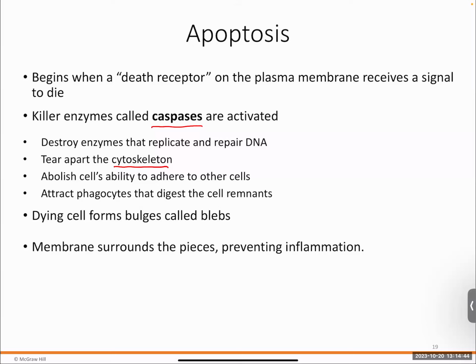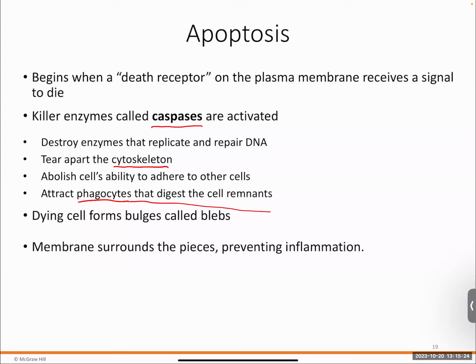So you take that ability off too. You also take away the ability of a cell to connect to neighboring cells, which is also a really bad thing to take away because you lose the ability to create secondary messenger systems, to create things like desmosomes where you stay connected to your neighboring cells, and basically function in a group of cells within your tissue. And the most important one, which I think is absolutely fascinating, is they start attracting phagocytes.